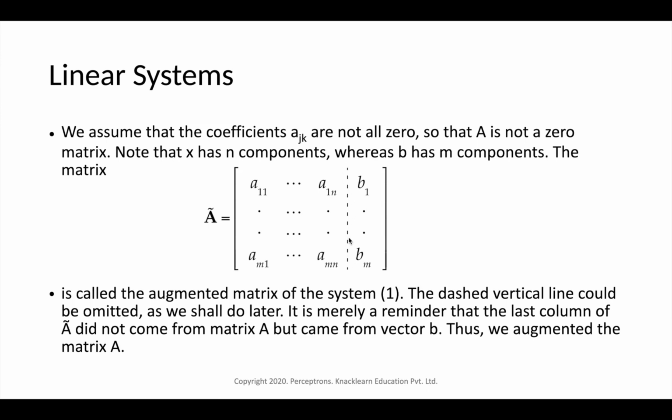This vertical line can be omitted going ahead. It is merely a reminder that the last column of the augmented matrix did not come from the matrix A, so for that we use this straight or dashed vertical line.